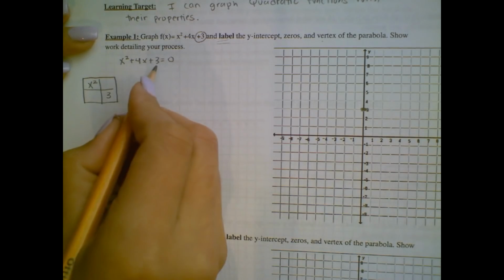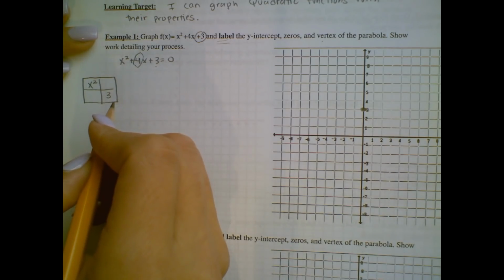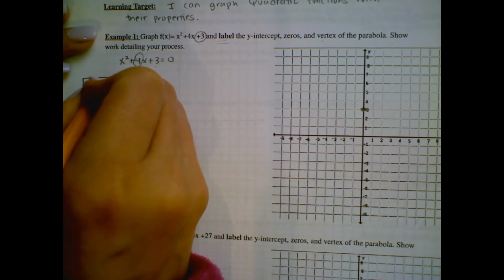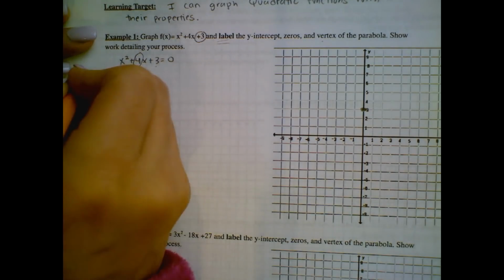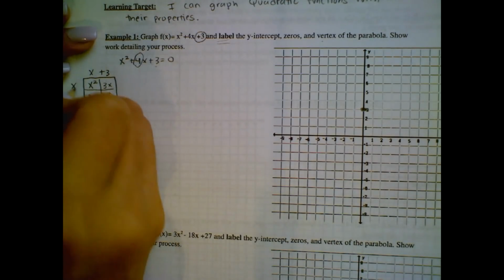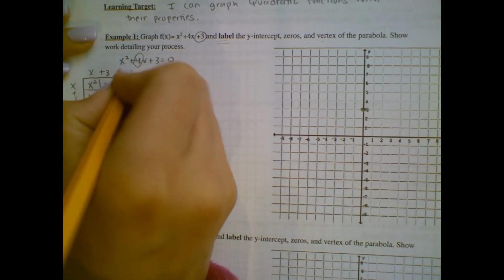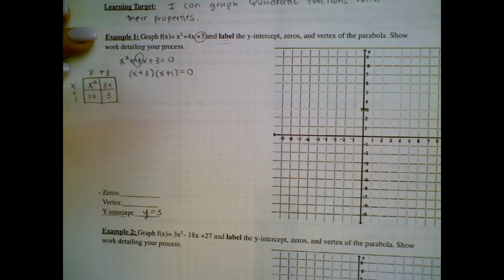So what I'm looking for are multiples of 3 that add up to give me positive 4. The numbers that work, I believe, are 3 and 1, because 3 only has 3 and 1 as its multiples, and then 3 plus 1 gives me 4. So this works. I'm going to factor out my greatest common factors here, so that this factors into x plus 3, x plus 1 equals 0.